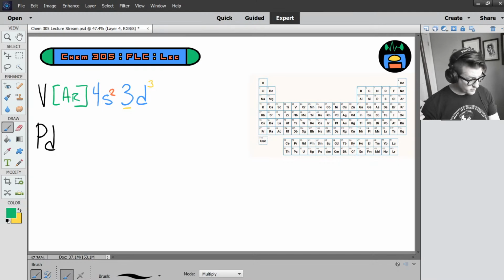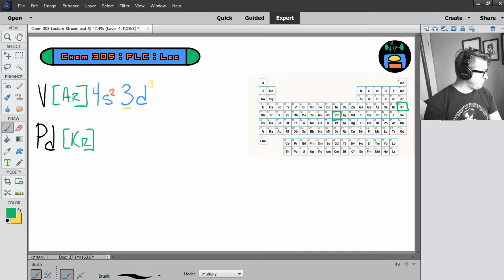So first we have to find palladium on the periodic table, and it's right here, number 46. Its nearest noble gas with fewer electrons is krypton. So we're going to start by writing krypton as the noble gas abbreviation.